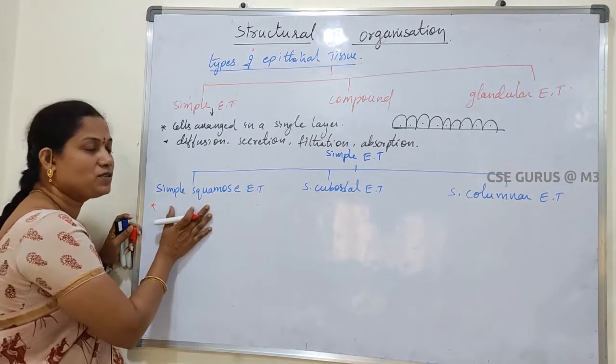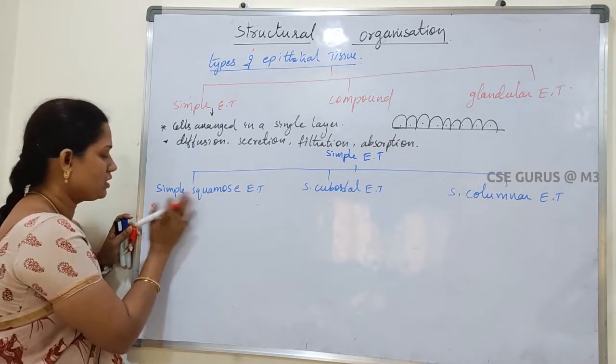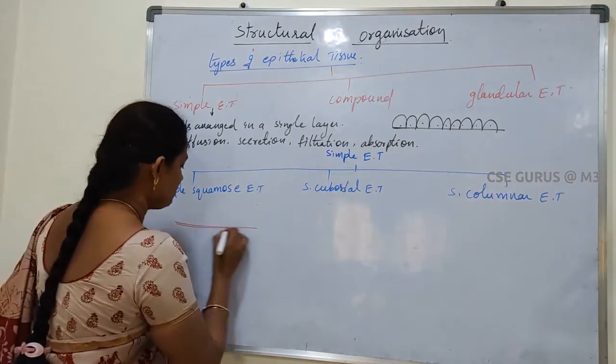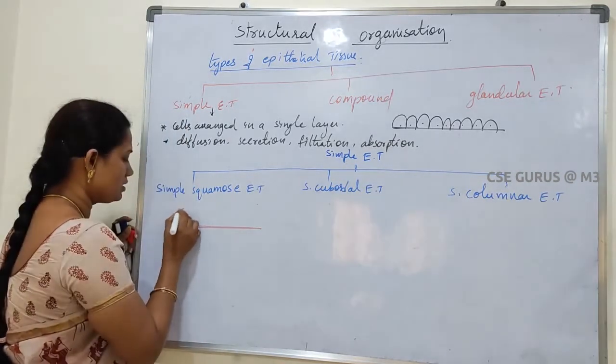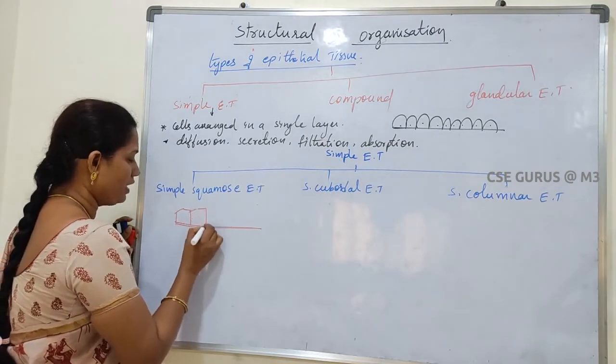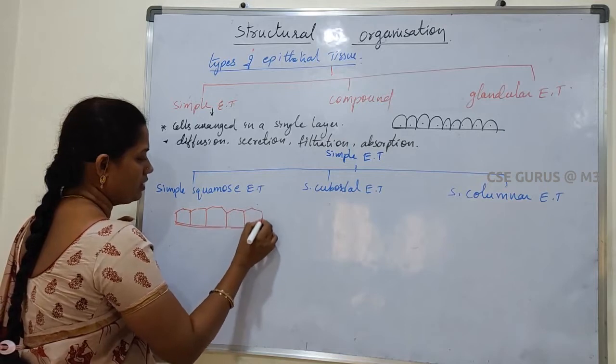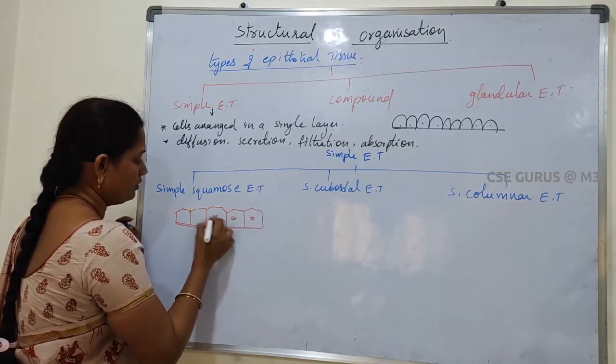In simple squamous epithelial tissue, the cells are very flat. The cells are present on the basement membrane. The cells are flat and arranged like a tile.